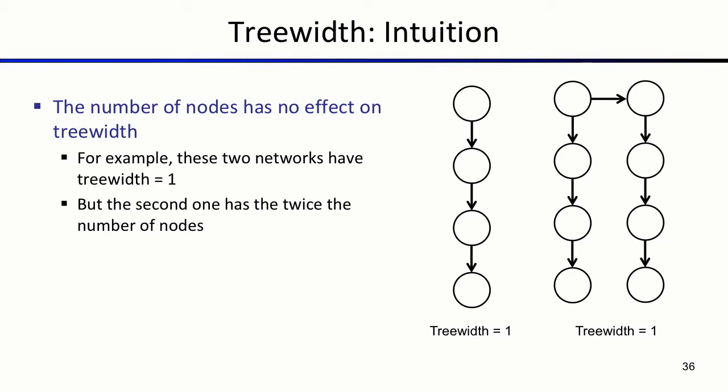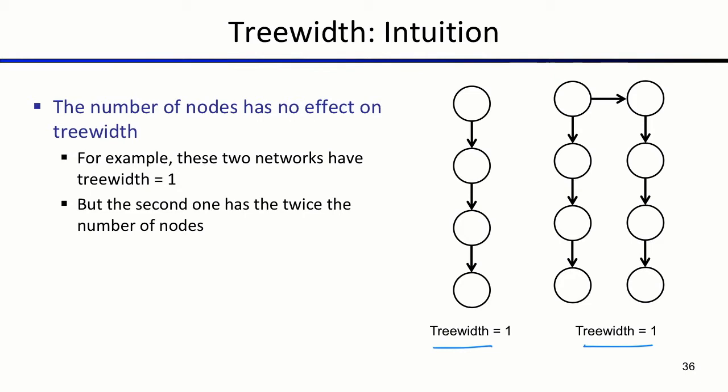So here we have two networks. The left one has half the number of variables of the right one, but both of them have tree width equal to 1. So this is a first interesting observation: the difficulty imposed by the network doesn't come from the number of nodes, it comes from something else.